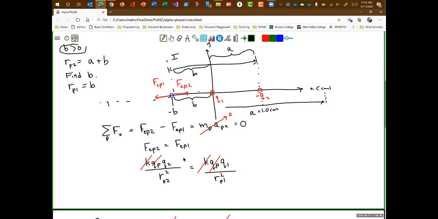Since we define B to be a positive magnitude, any answer that we get that is positive is going to be in region 1, and any answer that we get that is negative is actually opposite the direction of where we put position B.